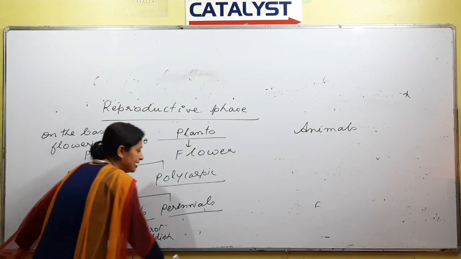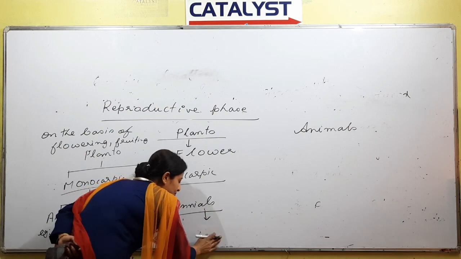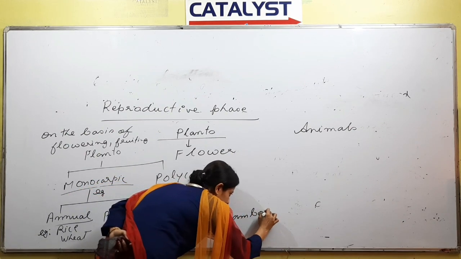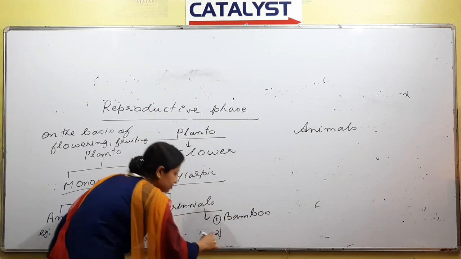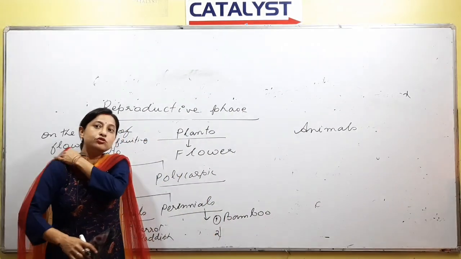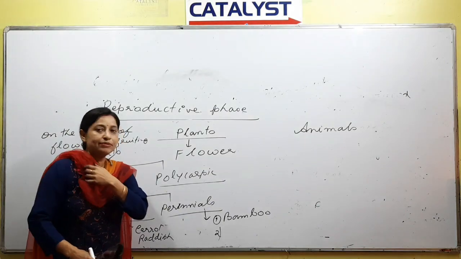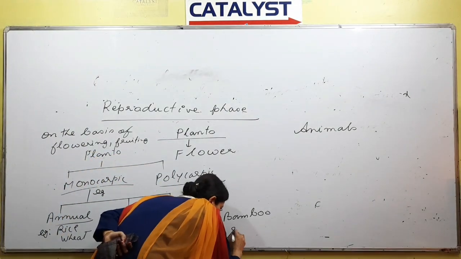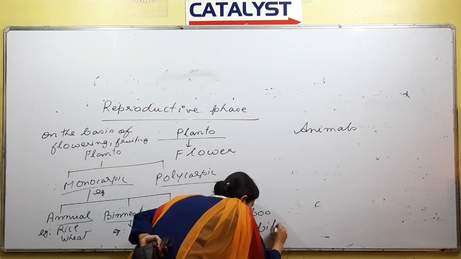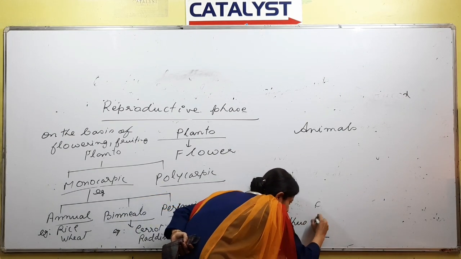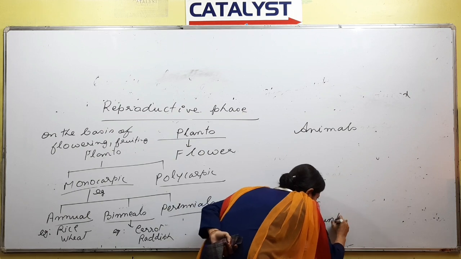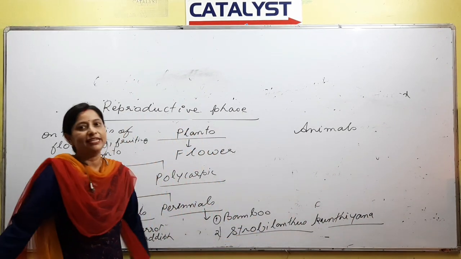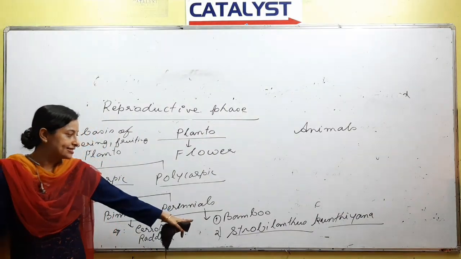And certain perennials that are monocarpic, the best example could be bamboo, right? Bamboo or Bambusa. Our second example is generally marked properly in the NCERT book, that is Strobilanthes kunthiana, right? A question has come on Strobilanthes.